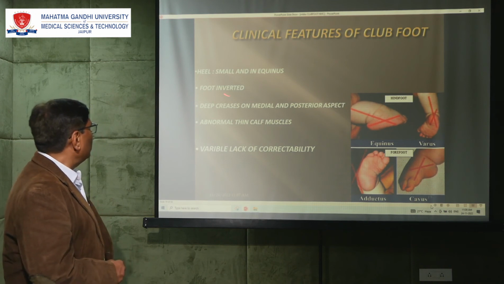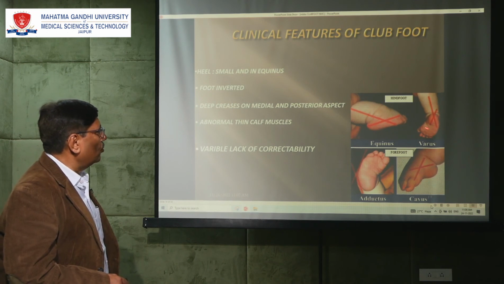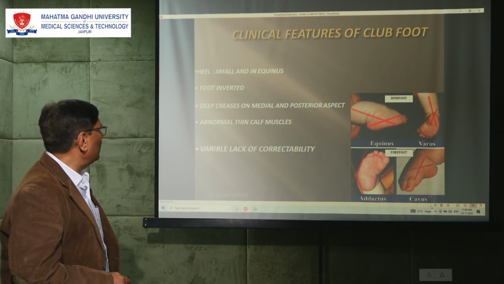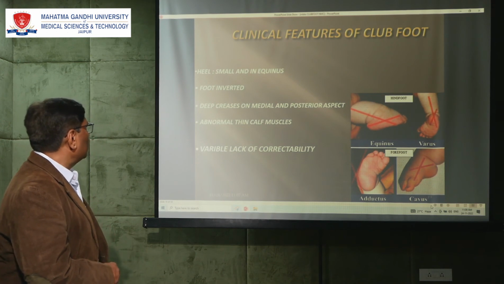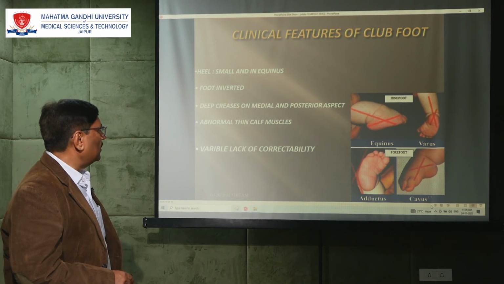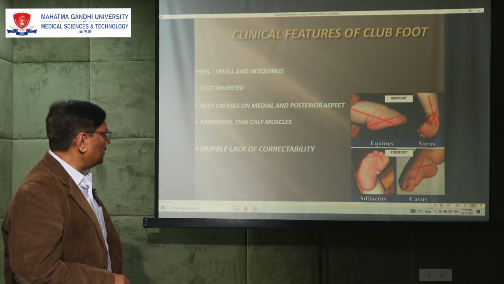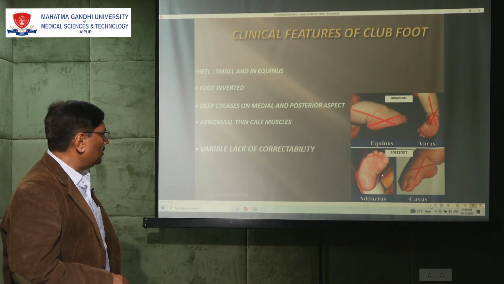Foot is also inverted. So if we see it from the posterior side, what we find is the whole foot is inverted or in varus position. There are deep creases on the medial and posterior aspect. So this is the medial aspect. You see deep creases on the medial aspect. Lateral border is long, curved. Medial border has got creases.